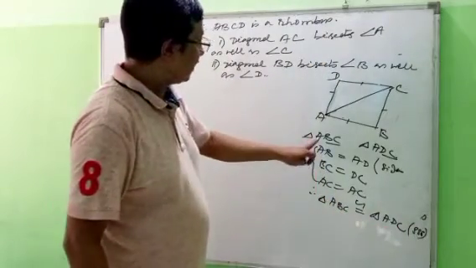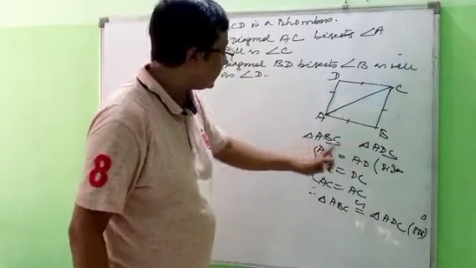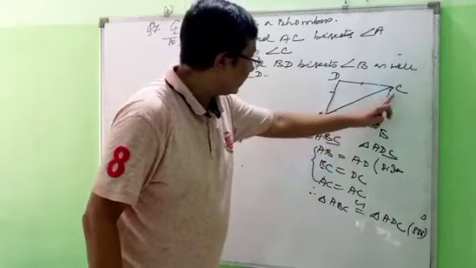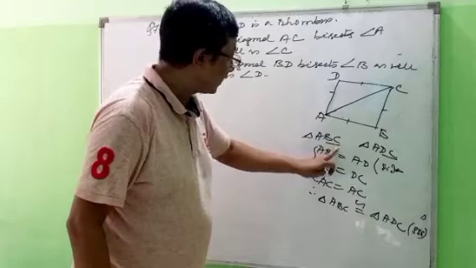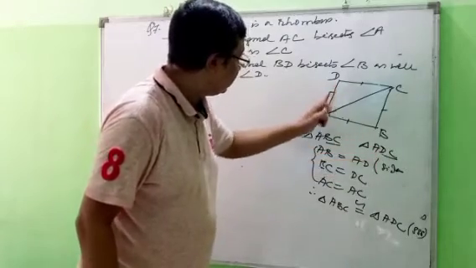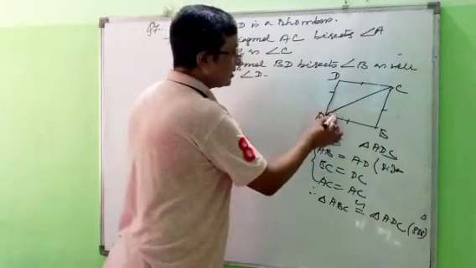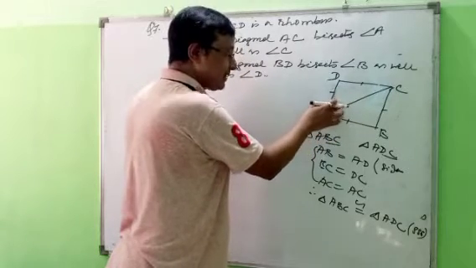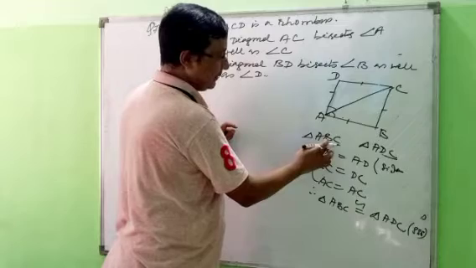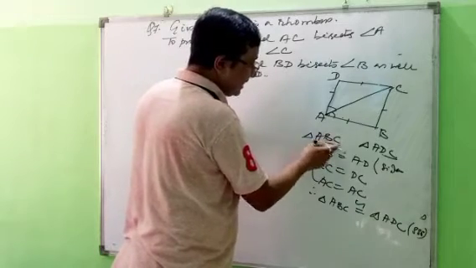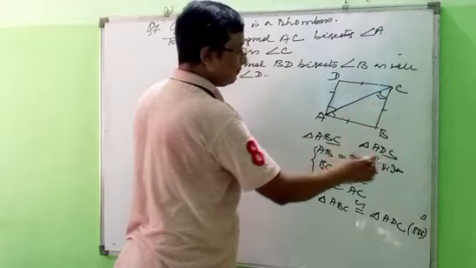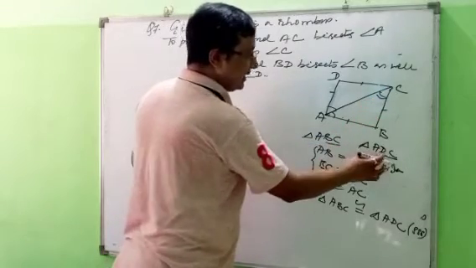Therefore, the corresponding angles are equal. That is, angle BAC equals angle DAC, because the two triangles are congruent. Again, angle BCA equals angle DCA.